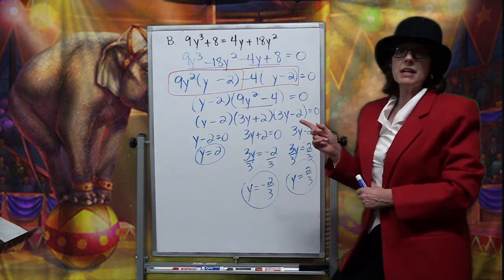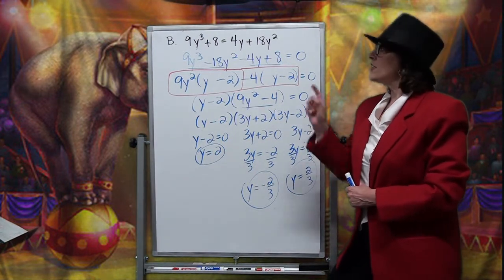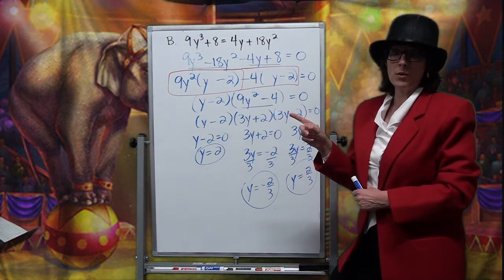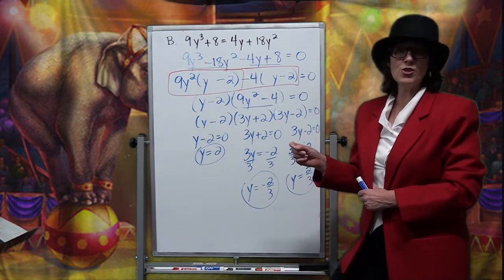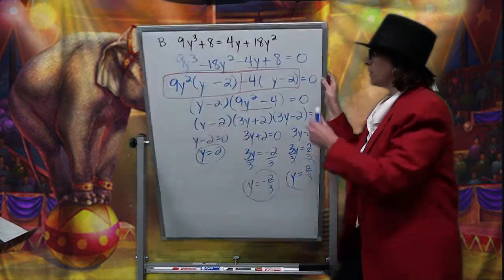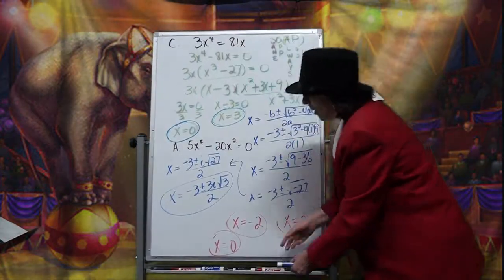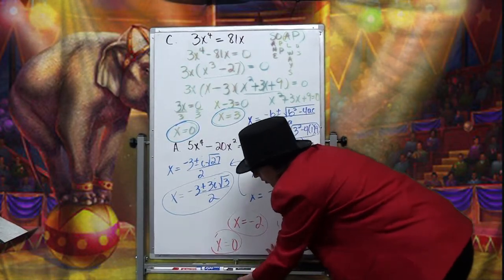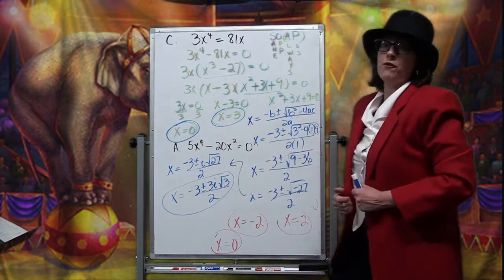So interestingly, it appears that the degree of the polynomial will tell you how many solutions you've got. So I had 3 solutions, it was a third degree polynomial. I had a fourth degree polynomial, and I had 4 solutions, 1, 2, 3, and 4.